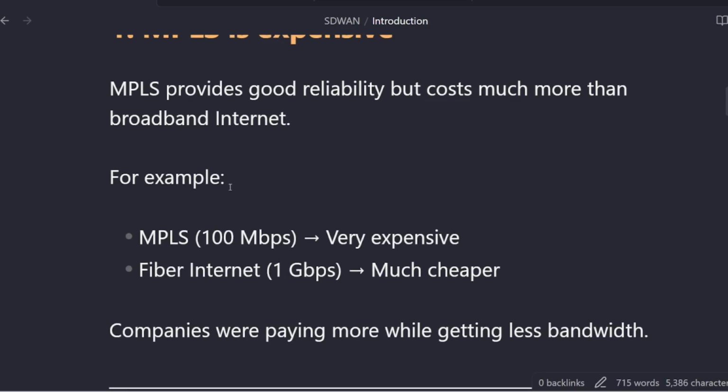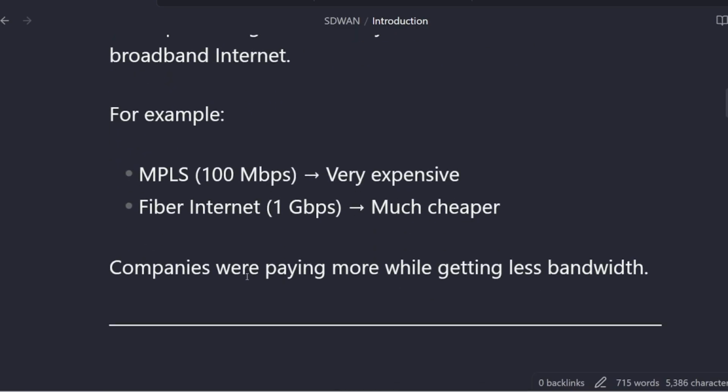For example, MPLS provides 100 Mbps and is very expensive, while fiber internet provides 1 Gbps and is much cheaper. Companies were paying more while getting less bandwidth. As you see here, you notice the change, right?